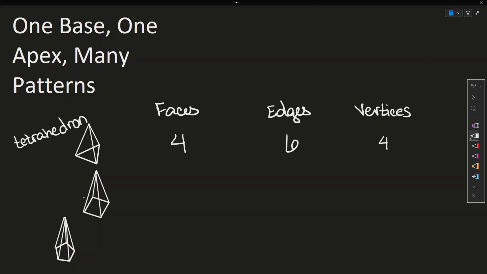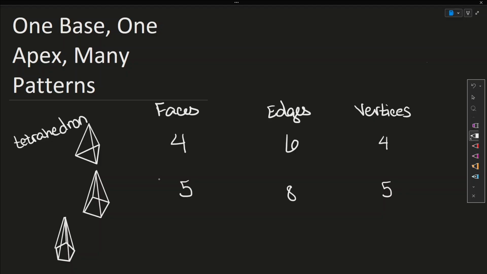Our square pyramid has 1 square base and 4 triangular side faces. That's a total of 5 faces. For the edges, there are 4 around the base and 4 from the base vertices to the apex for a total of 8. For the vertices, there are 4 on the base plus the 1 apex for a total of 5 vertices.